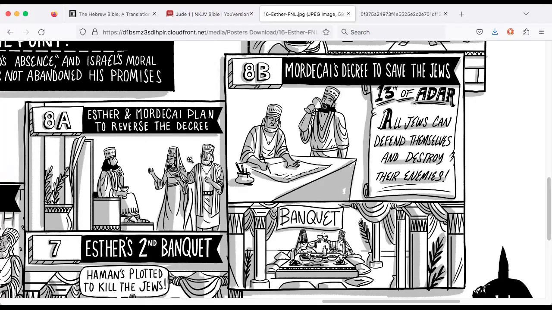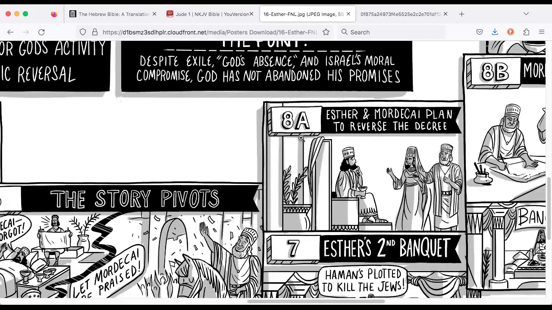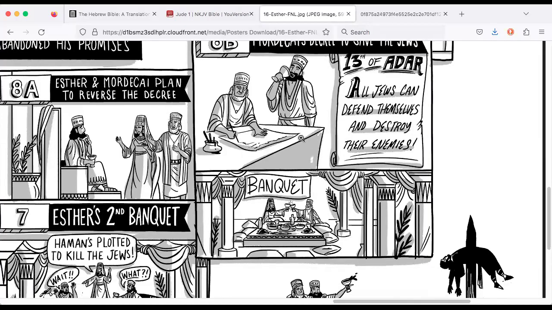But they made an amendment to that decree and said, the Jews can do whatever they want to defend themselves, and they can take up arms. And so on the 13th of Adar is when they had rolled the dice on all the Jews can defend themselves. By the way, Purim is a Jewish festival to this day.